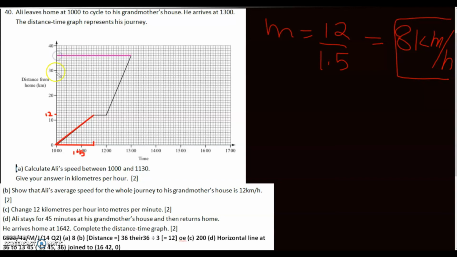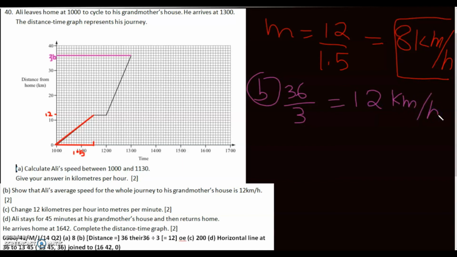This would be 30, 31, 32, 33, 34, 35, 36 kilometers. So the total distance is 36 kilometers. Upon total time, which was 10 till 1, so that's 1, 2, 3 hours. So 36 divided by 3 gives us 12 kilometers per hour.